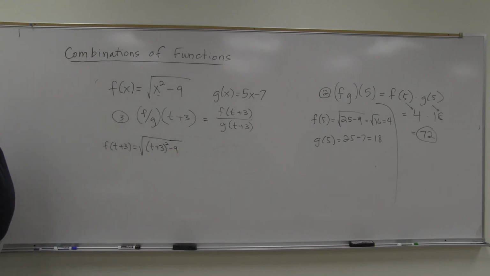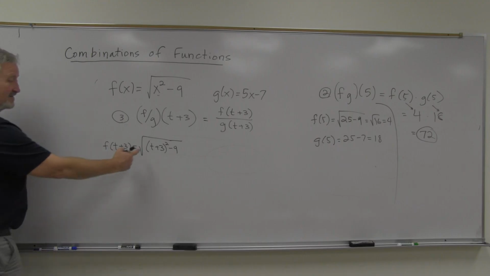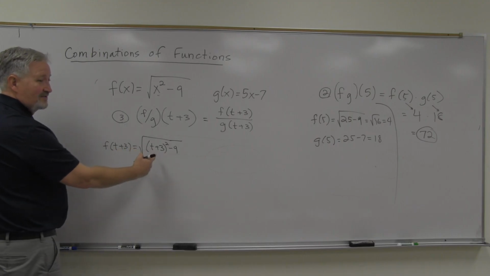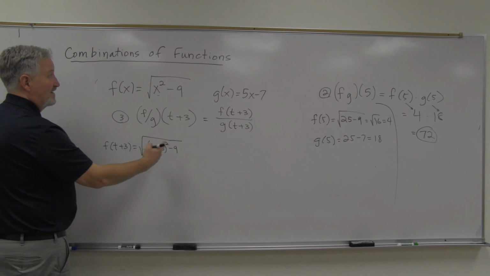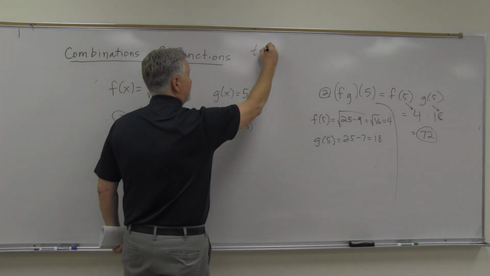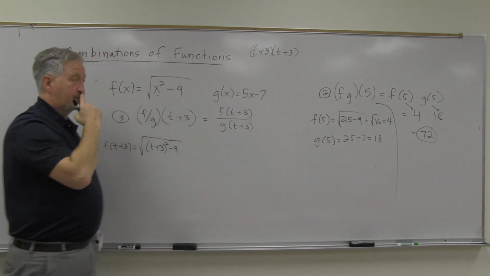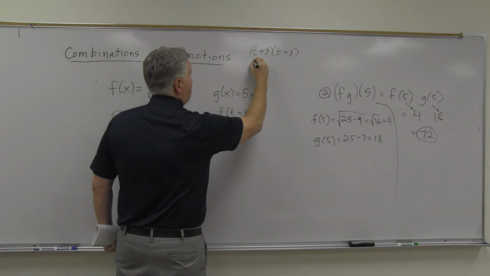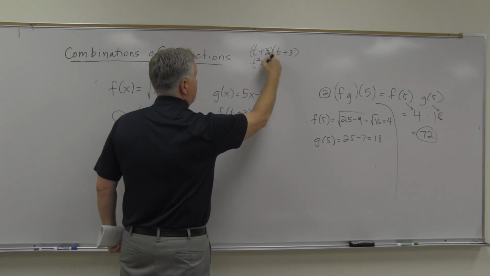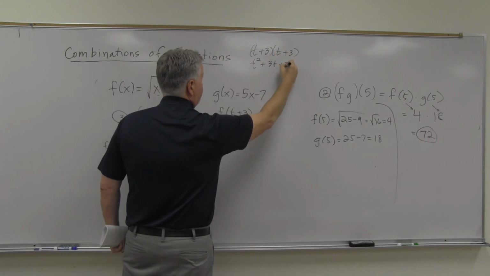And that does simplify. How do I simplify that? We haven't done this in a while, I don't think, but t plus 3 squared, we got to pull it out, don't you? T plus 3 times t plus 3. So you got t squared plus 3t plus another 3t plus 9.